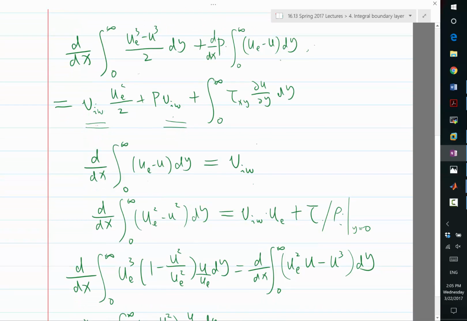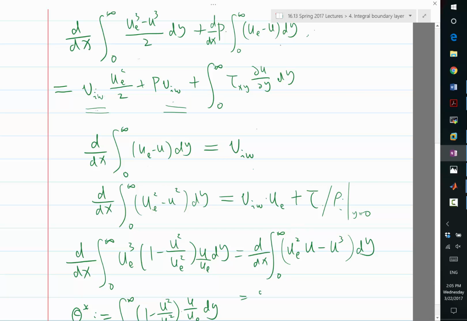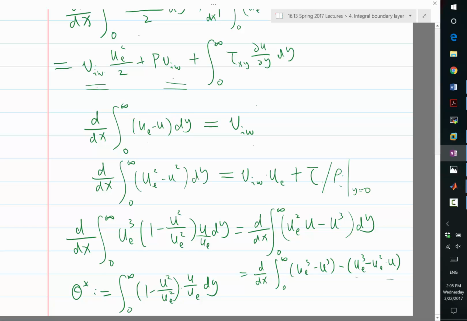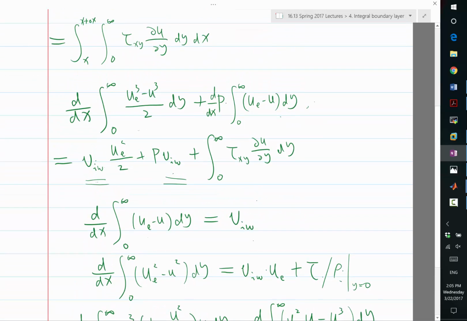So the difference between this and this, let's write this out, is actually equal to ue to the cube minus u to the cube, minus ue square times u. So this term is the difference between what we want to derive and what we have over there.